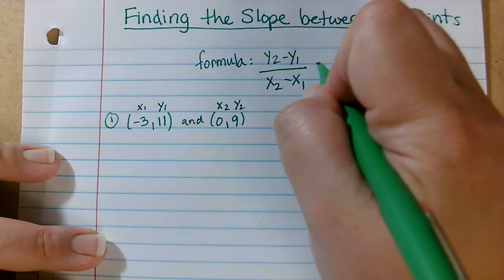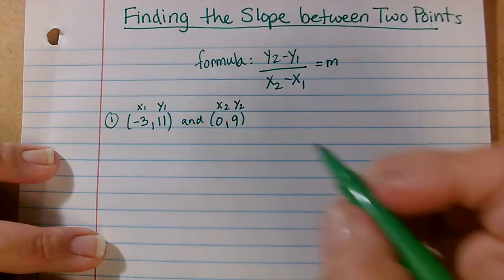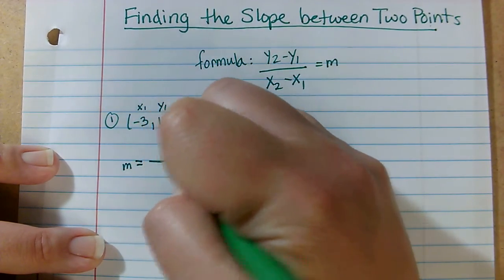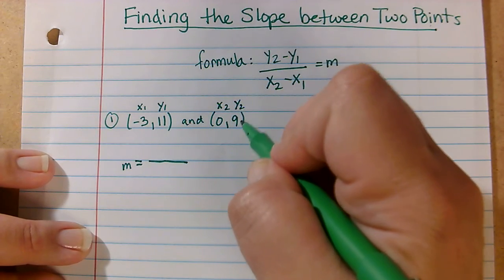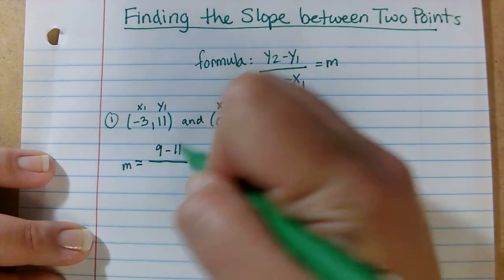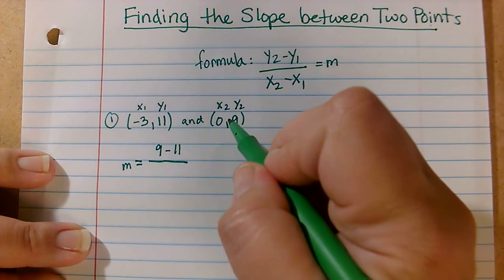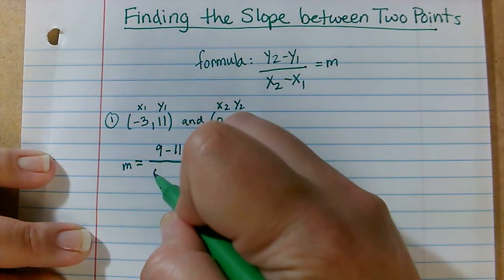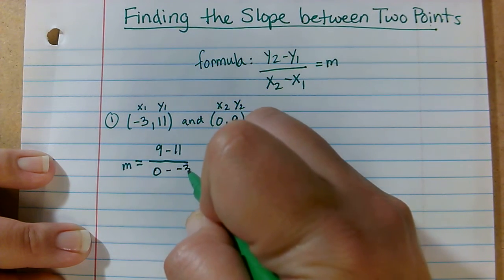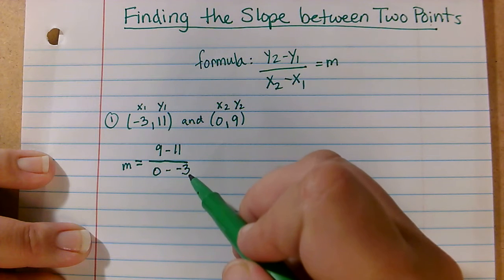To find the slope, which equals m, I'm going to do y2, which is 9, minus y1, which is 11. In the denominator, I'm going to do x2, which is 0, minus x1, which is -3. Notice I have minus -3.